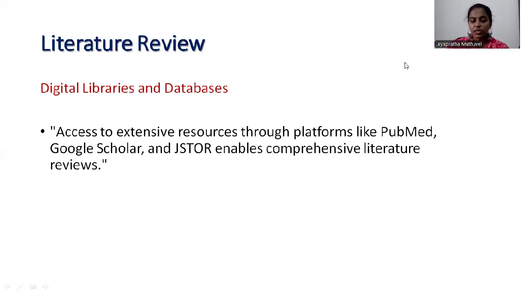And arXiv, an open access repository for preprints in physics, mathematics, computer science, and related fields. Springer Link. Nowadays, Springer is widely used by researchers. It is a database of scientific documents, including journals, books, and reference works. Then PsycInfo, a database of literature in psychology and related fields.